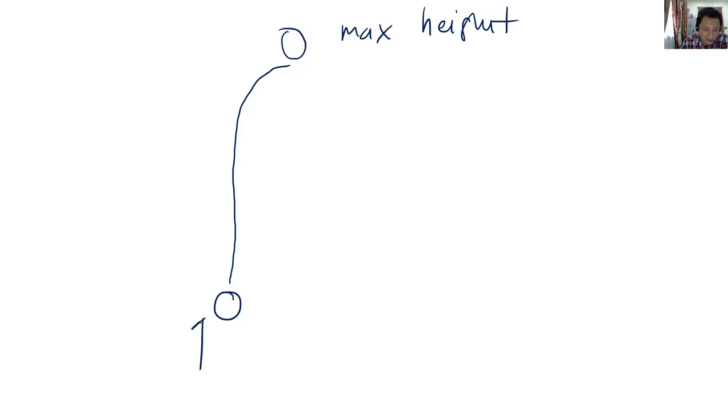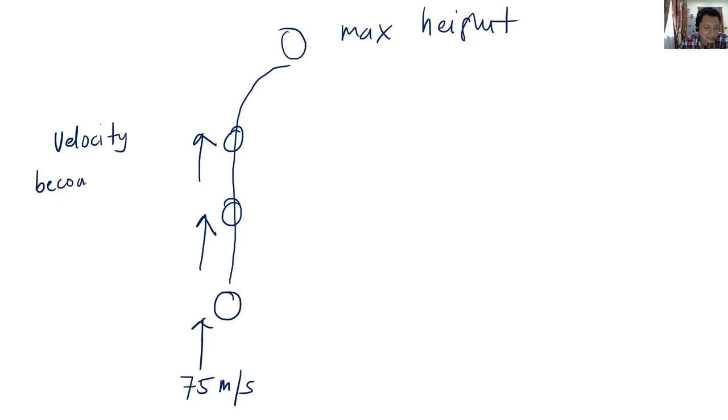Let's say the ball originally has velocity, how much was it? Not ball, rocket. 75 meters per second. It goes up. As it goes up, velocity becomes slower, right? Why? Due to negative g.